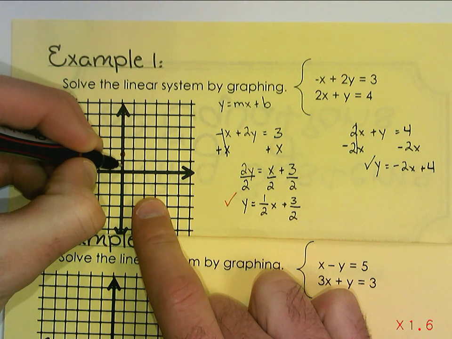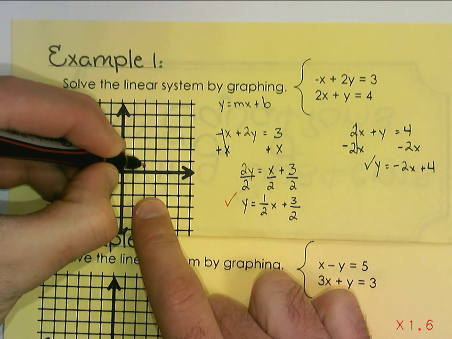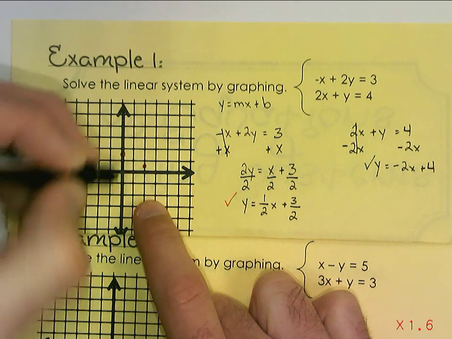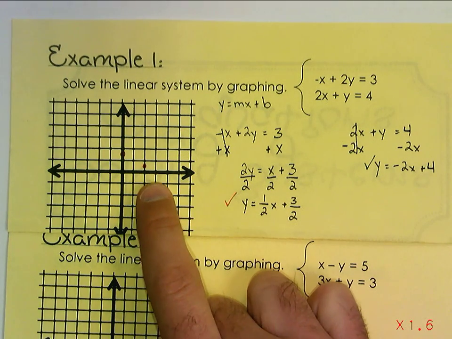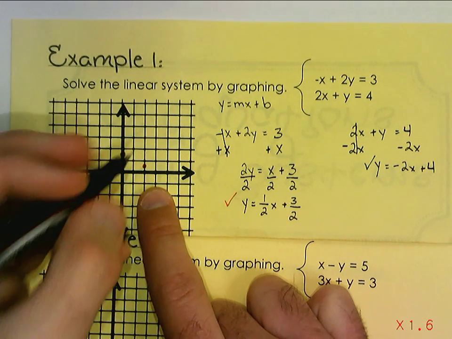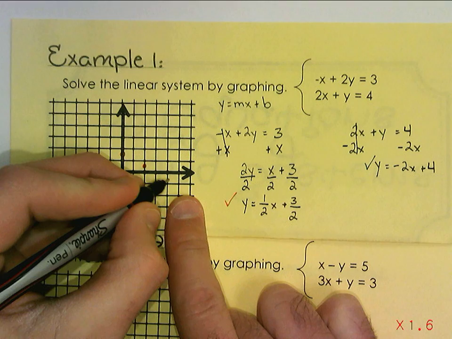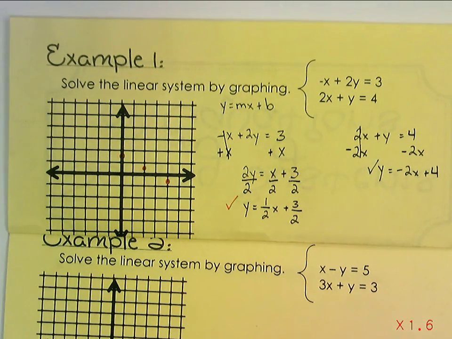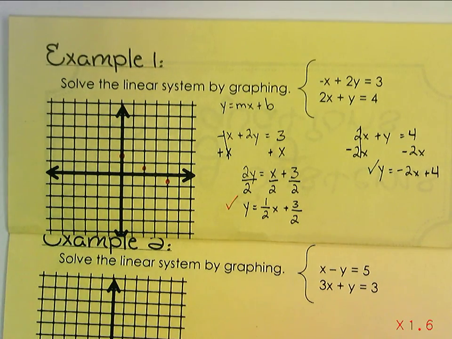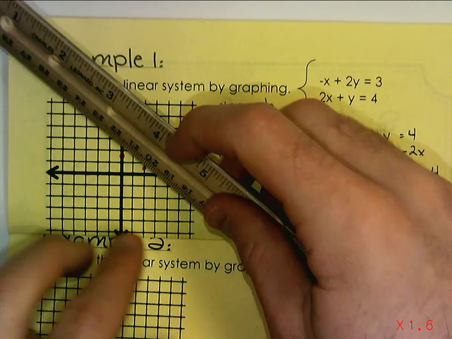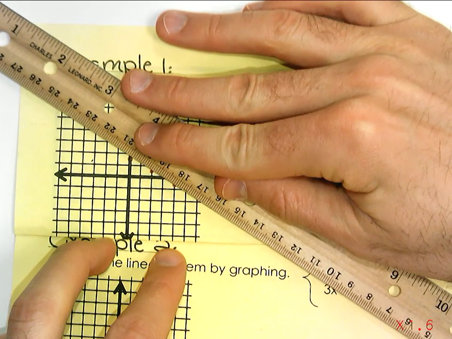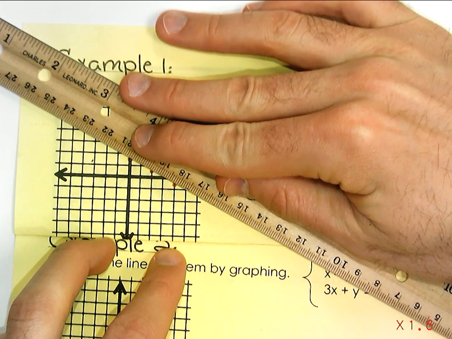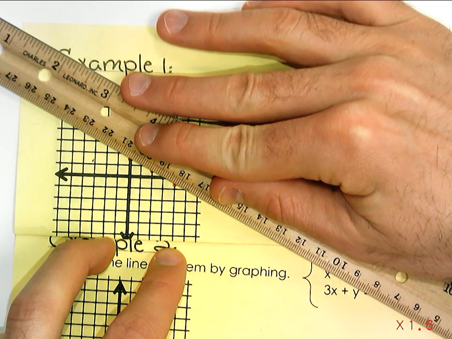And then over 2 would put me here. So hopefully I'm a tad bit accurate. And now if I go down 1, I'd be at -1/2, and over 2 would be here. Then we'll need to use our straight edge and draw a line through that and be as precise as possible so that we can get the location at which they intersect.